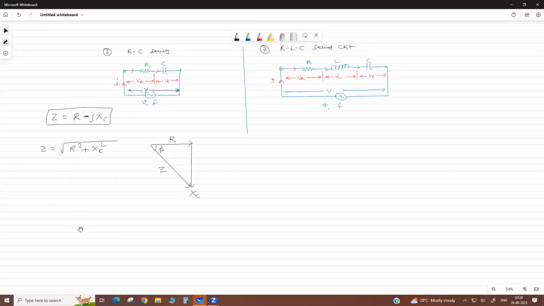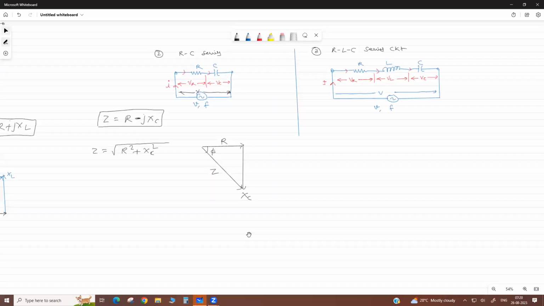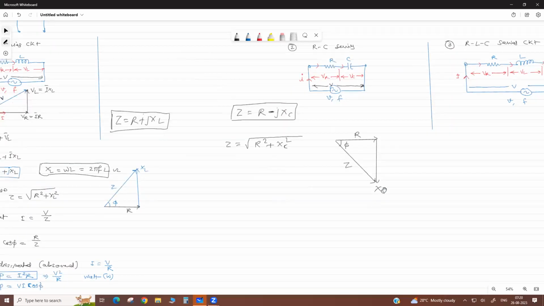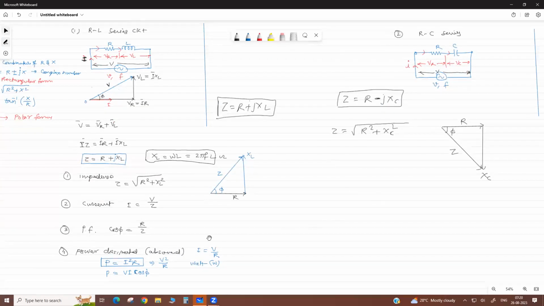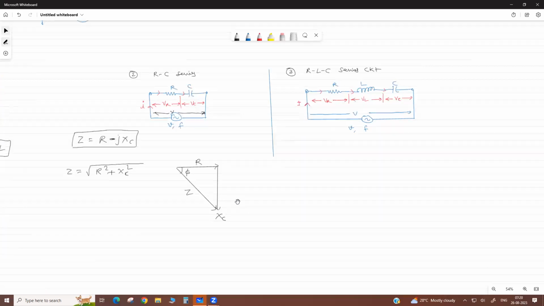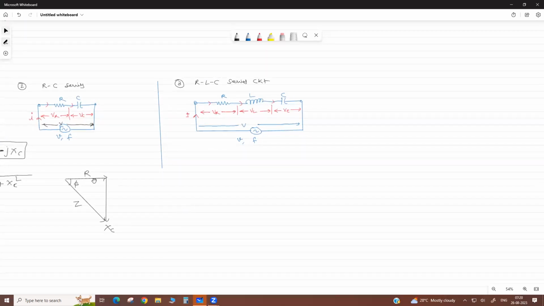Then the current and power factor, we can calculate these things. Here it is leading power factor, here it is lagging. Now here, because the angle is negative.